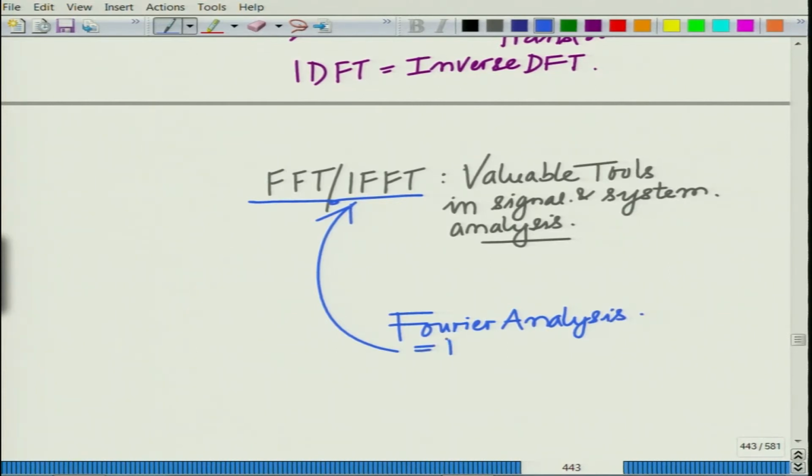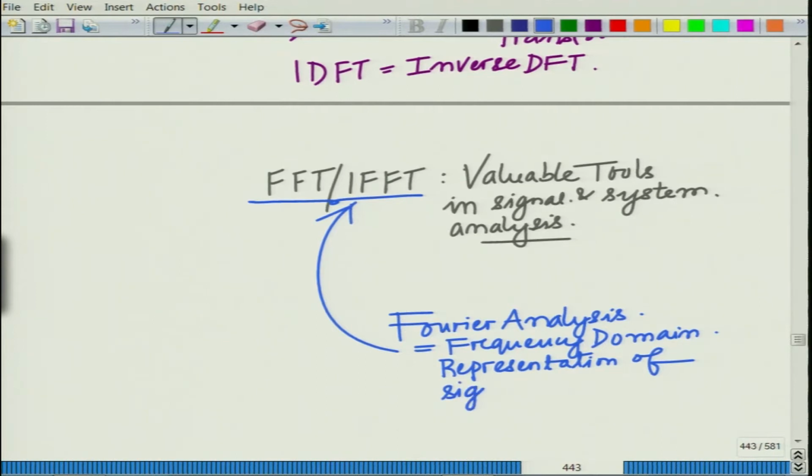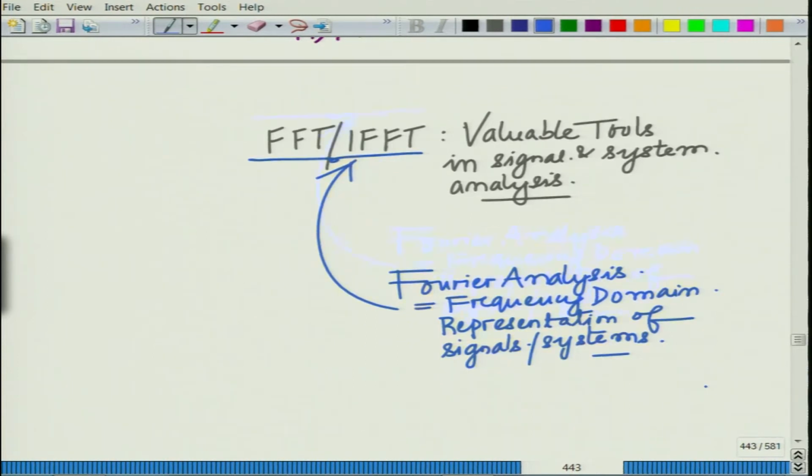This gives rise to the frequency domain representation of signals and systems.